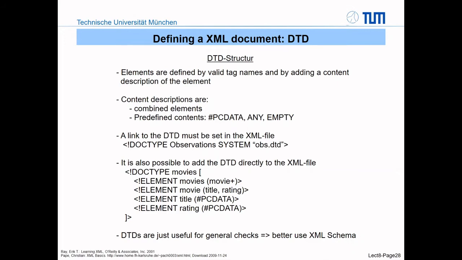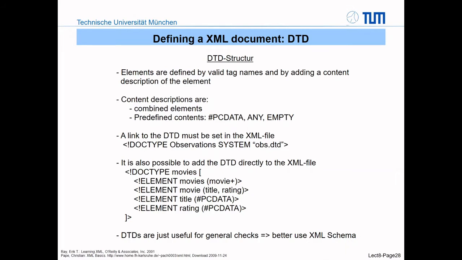Content description can also be a combination of elements, so that other DTD lines are part of these combined elements, like a sequence of different tags.